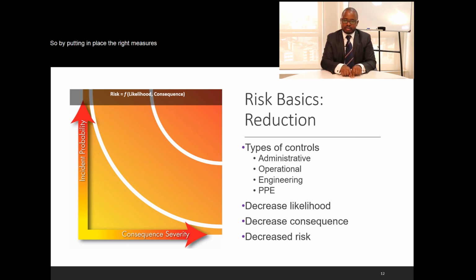By putting in place the right measures, for example, wearing personal protective equipment, we reduce the likelihood of the chemical coming in contact with the user. And to decrease the consequence, of course, by using chemicals that are less toxic and so on, we reduce the consequence of the chemical having adverse effects on the user.